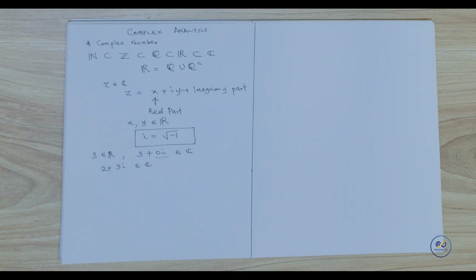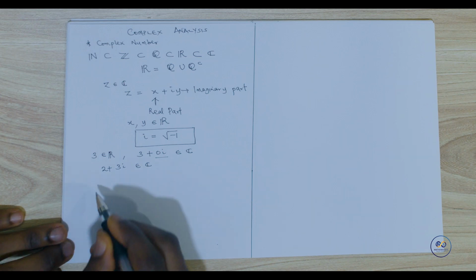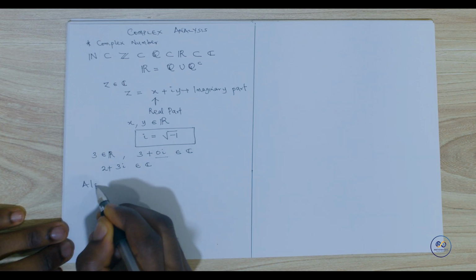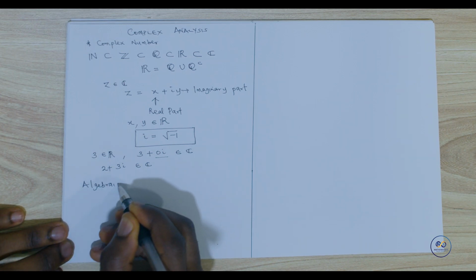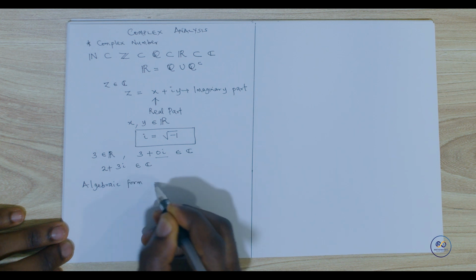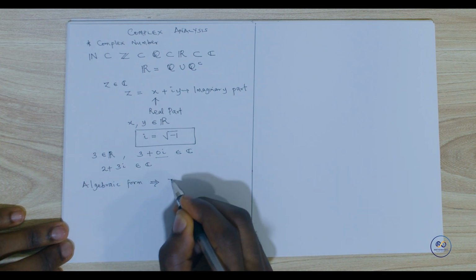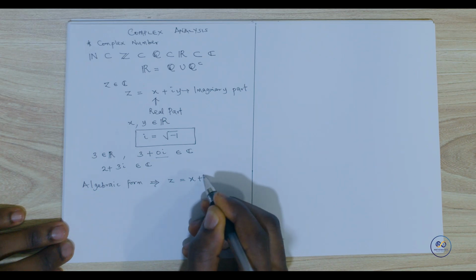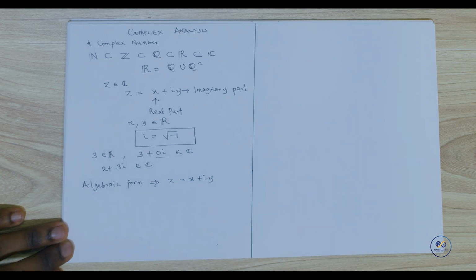Now that we have talked about this formulation of the complex number and where it stems from, let's talk about the different forms in which we can rewrite the complex number. We have looked at the first form, which is the algebraic form. We have written that before, z = x + iy. This is termed the algebraic form.